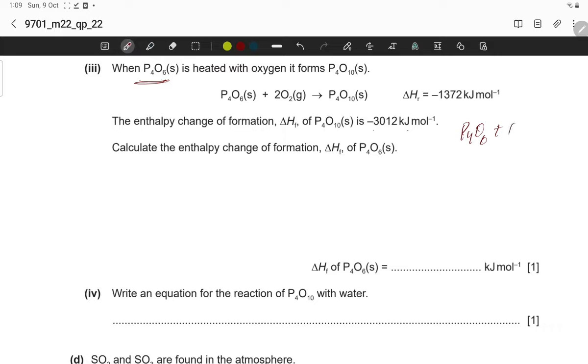P4O6 plus oxygen forms P4O10. These are the elements: 4P and 2O2, and the arrow is towards this.